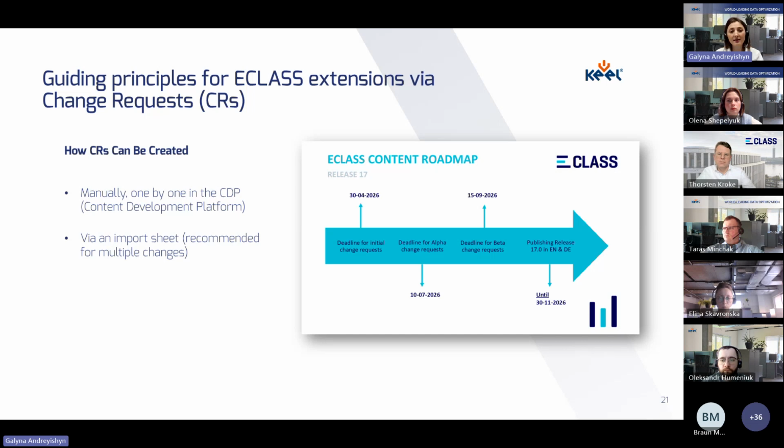Well-prepared CRs aligned with business relevance and cross-project applicability have a much higher chance of being accepted. If a CR is rejected, you will receive a notification from the CDP with the feedback.